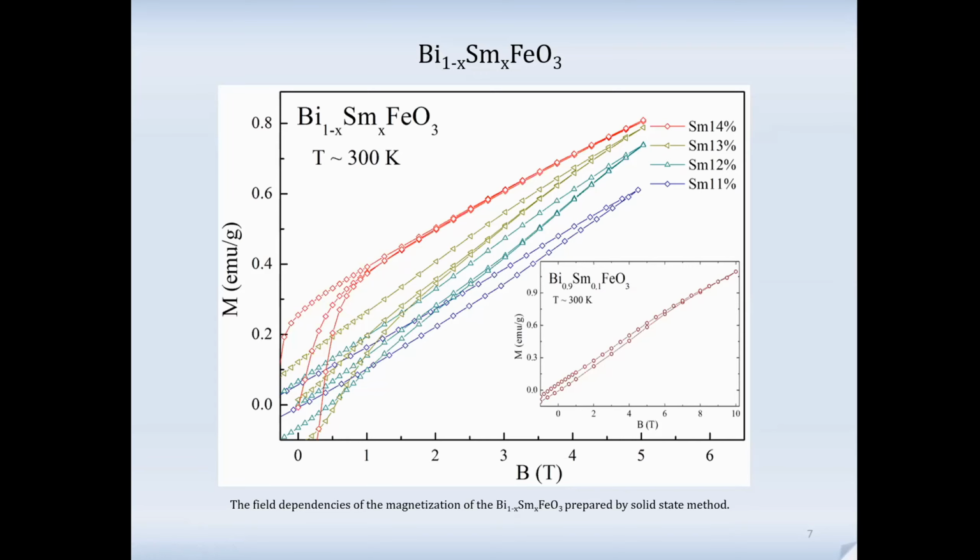And then, as the content of the orthorhombic phase increases, we have a monotonous increase of remnant magnetization. Yeah, and for the compound with 14% of samarium content, we have some hysteresis loop.